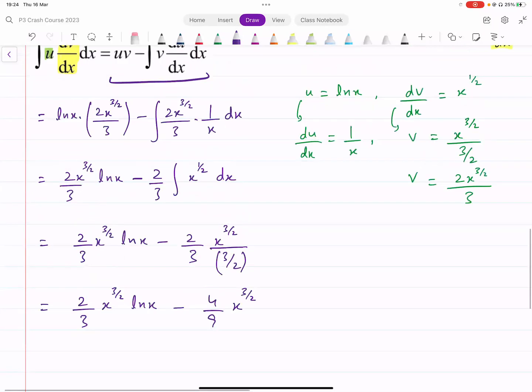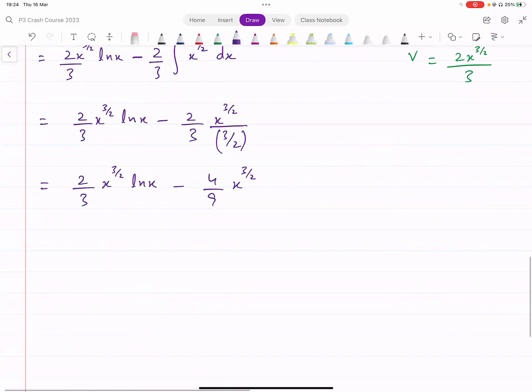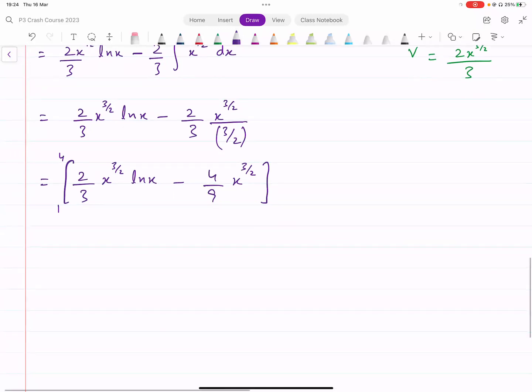Now we have to input those limits. Limits are from 1 to 4. Let's input 4 first of all, so it becomes 2 over 3 into 4 raised to power 3 over 2 into ln of 4 minus 4 over 9 into 4 raised to power 3 over 2.